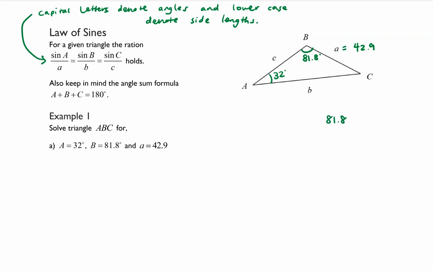and we should be able to utilize the fact that the sum of the angles should add up to 180 degrees. So if I add 81.8 to 32, that gives me 113.8 degrees. And then I can subtract that from 180 degrees.